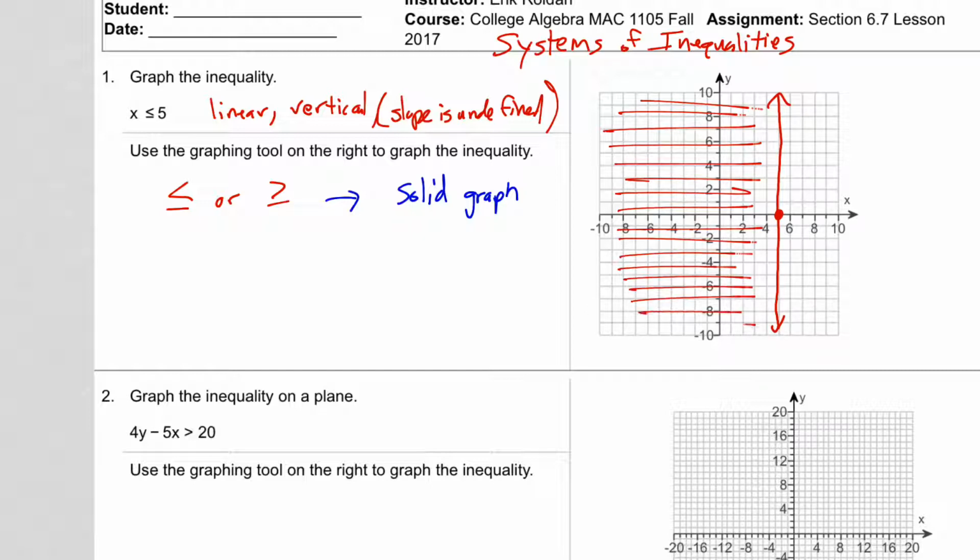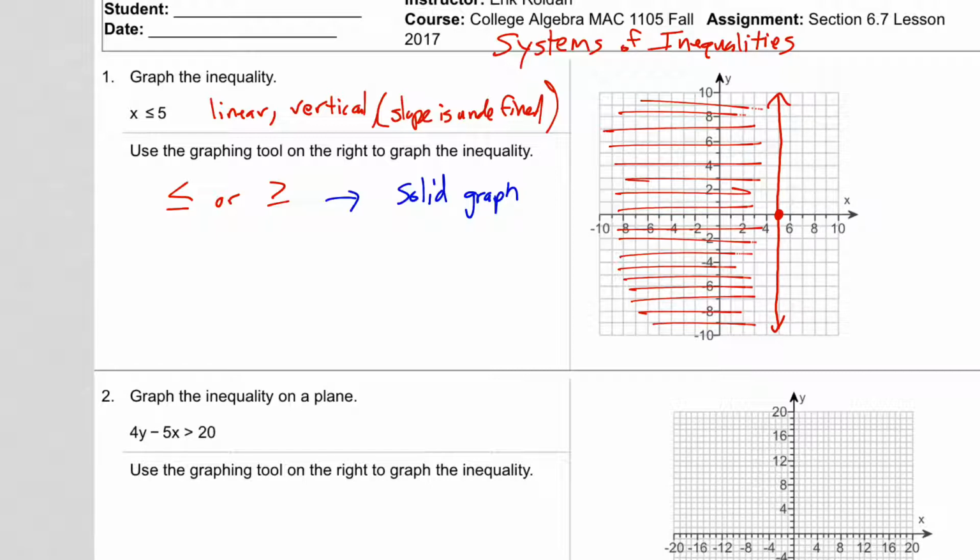Now that is pretty much the only scenario you're going to do left versus right, which is just the definition of less than: numbers lesser than 5, or to the left of. But for the most part, everything else you're going to deal with would be up or down, or above and below.